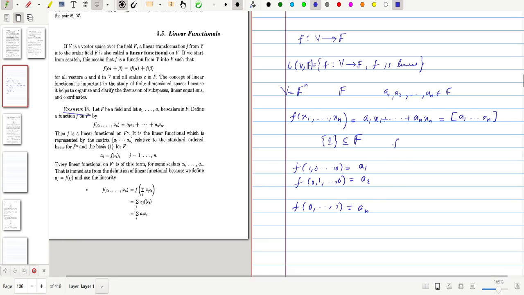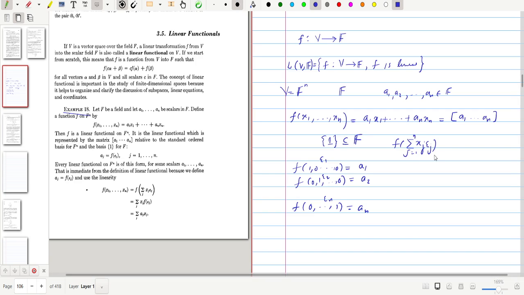Now if you consider f of an arbitrary element (x1, ..., xn), and if we consider this as epsilon 1 and this as epsilon 2, the standard basis, then you can write (x1, ..., xn) in terms of epsilon 1, epsilon 2, ..., epsilon n. That is the summation of xj epsilon j, where j varies from 1 to n.